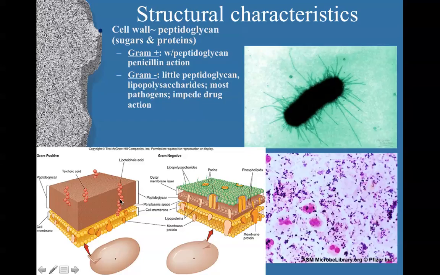And so when the stain comes into contact with the peptidoglycan, it forms a purple color, and so we call them gram-positive bacteria. These are the type of bacteria that are susceptible to a greater spectrum of antibiotics.